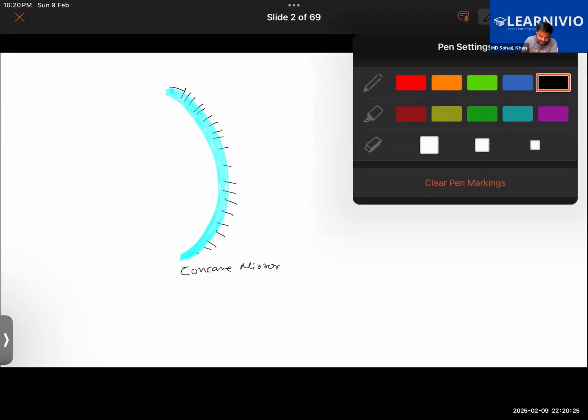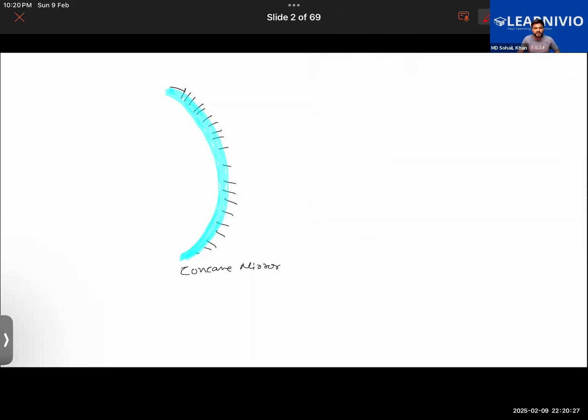The first thing we will learn about this concave mirror: when the rays of light fall on it, what happens after they fall on it? It will be converging. Usually it converges to meet at a point. So if you recall, concave mirrors are also called converging mirrors, because when the rays of light fall onto this, they will come to meet at a point.